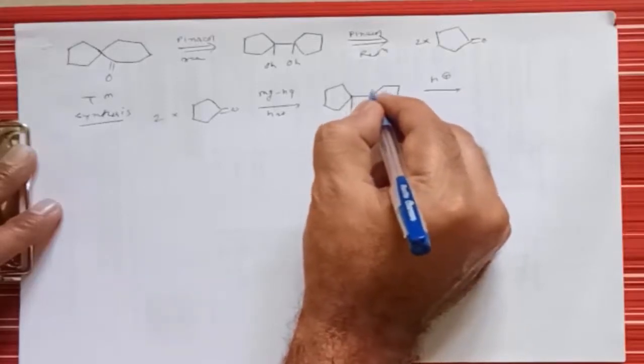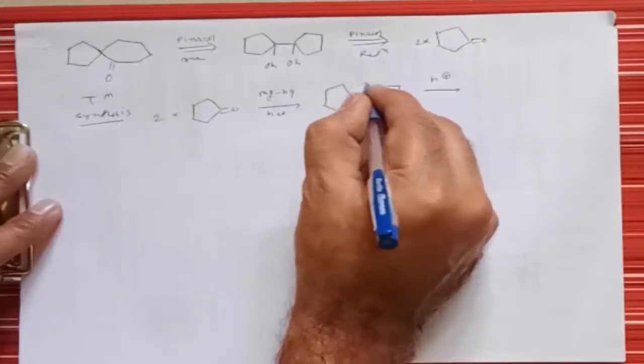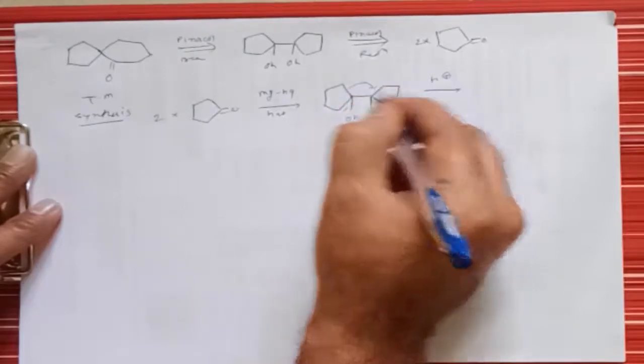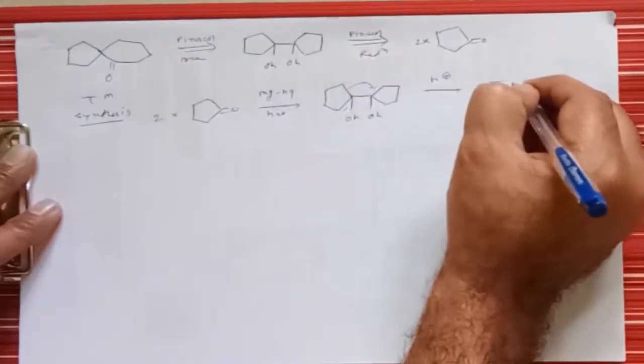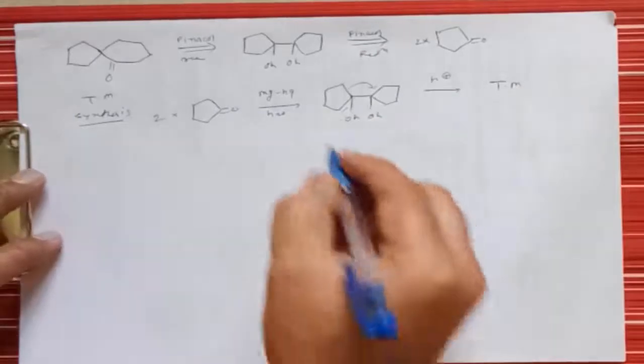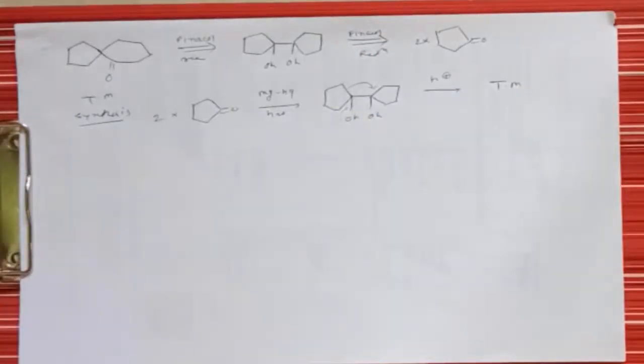It gives formation of a positive carbon here. The ring will be shifted here, and it gives formation of a cyclic system, and it gives the target molecule, right? So this is the simple mechanism for the pinacol rearrangement and pinacol reduction.